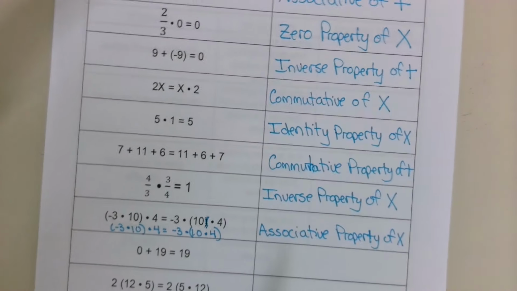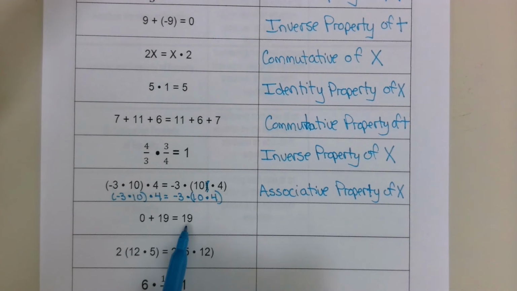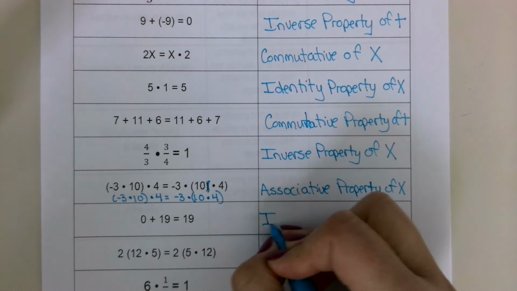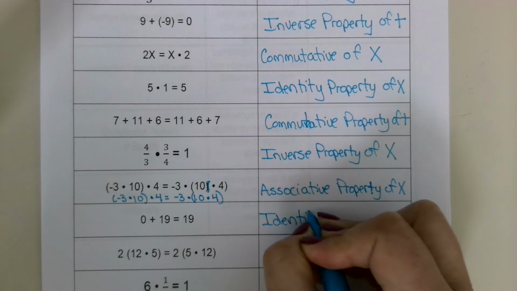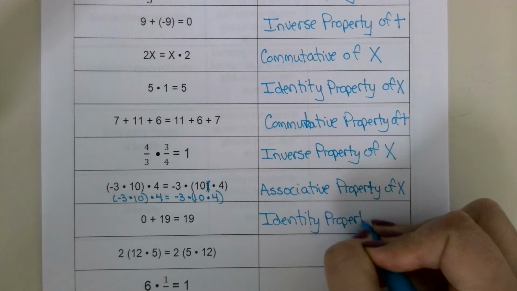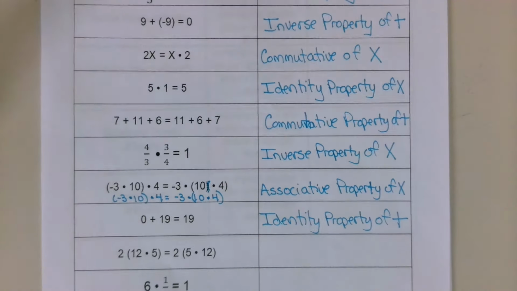So addition and multiplication are associative. 0 plus 19 equals 19. Any number plus 0 will equal itself. That is the identity property of addition. So both multiplication and addition have identity properties.